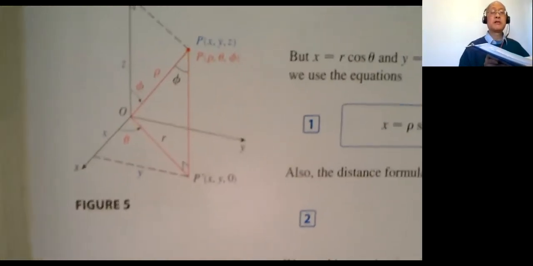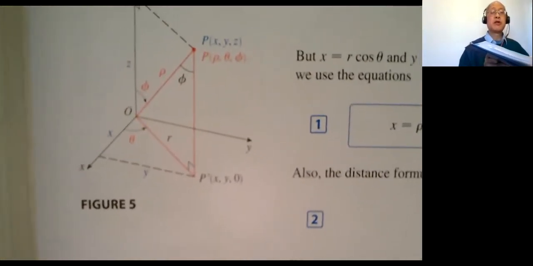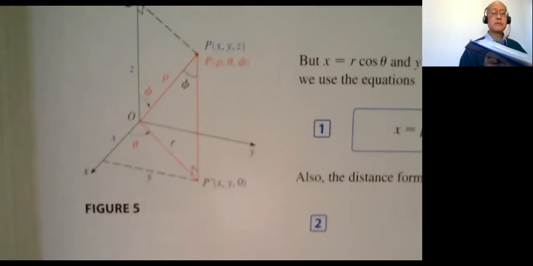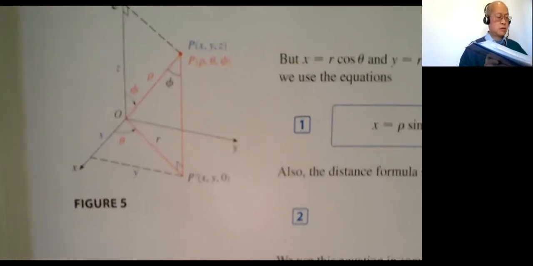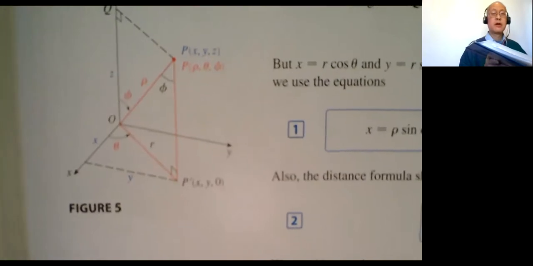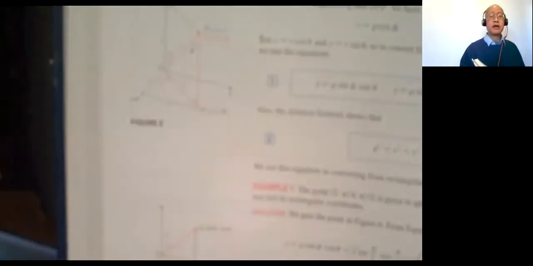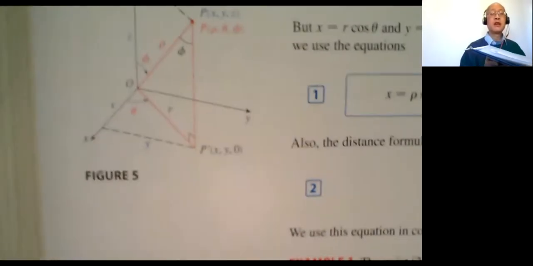All right, so let's look at this picture here. See the rho, theta, phi in red and x, y, z. Okay, the phi by definition is this angle right here. They have another phi right over here.